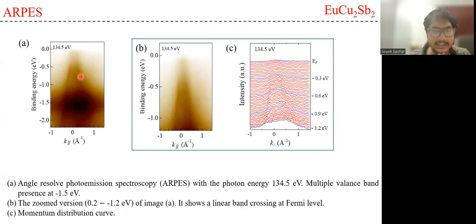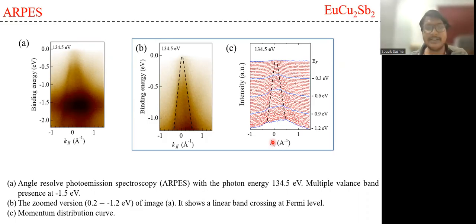Here is the zoomed version, and here is the raw data of intensity versus k parallel. From this we conclude some kind of Dirac state is present in the system.